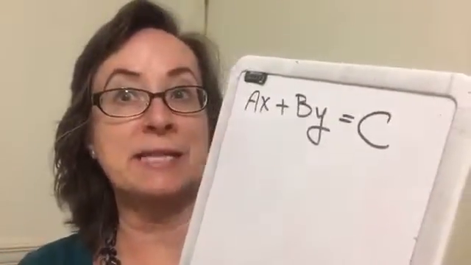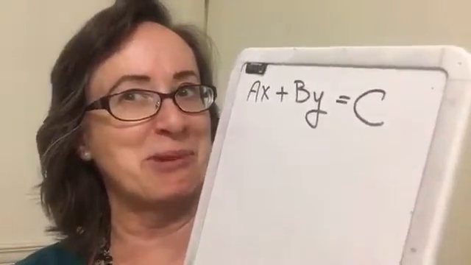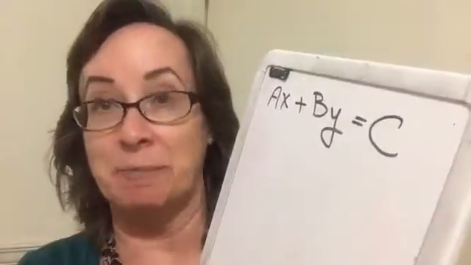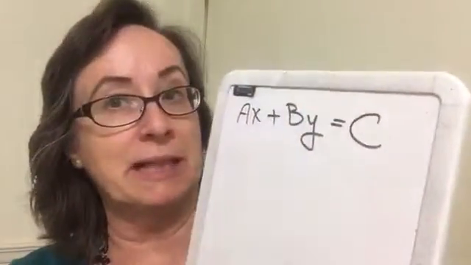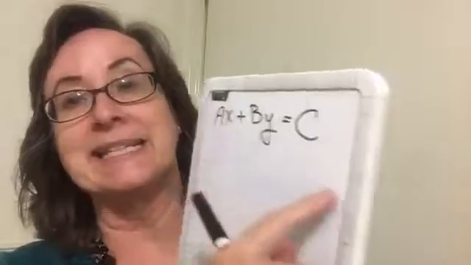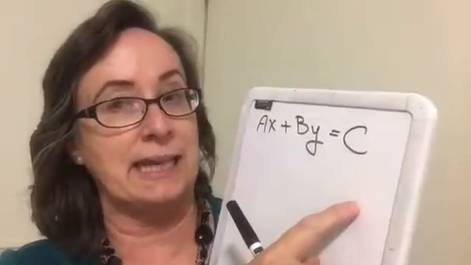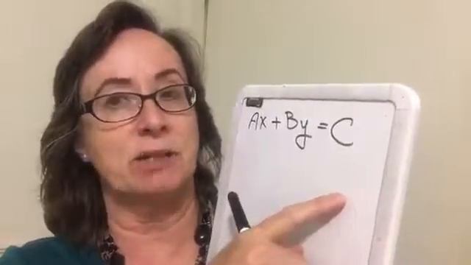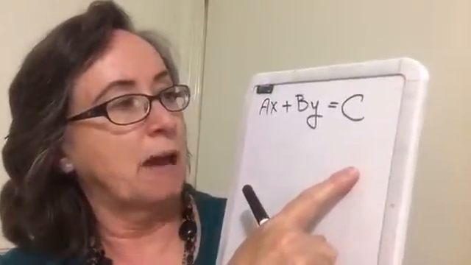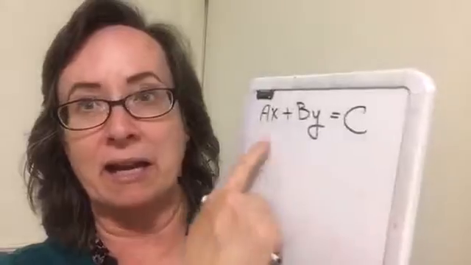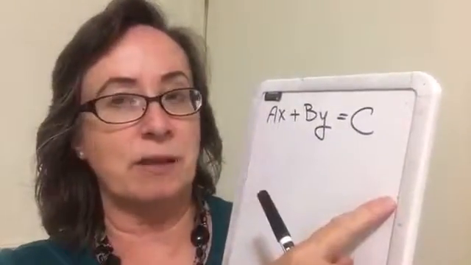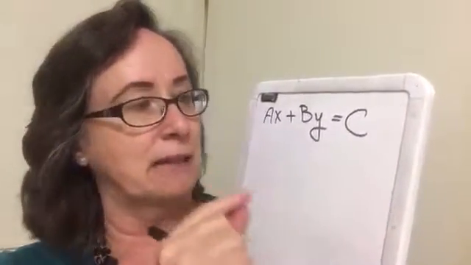All right, some of you have asked me to put this one out here one more time. So this is the development that I did for you in class. This is taking the standard form of the line, ax plus by is equal to c, and turning it around into slope-intercept form. I'm doing it with the generic A, B, and C so that it works with every single line.